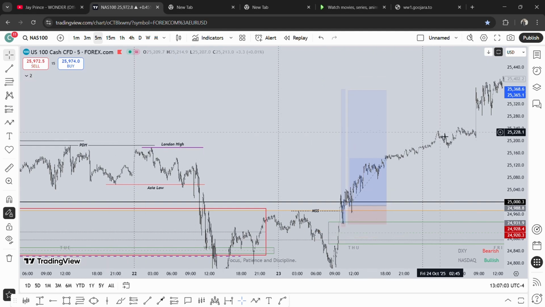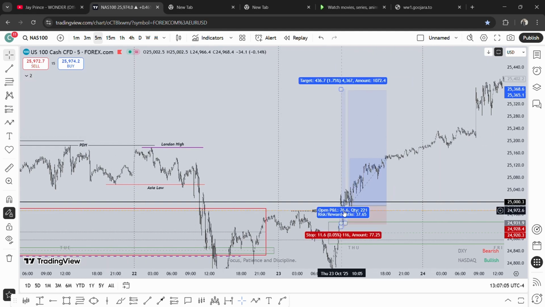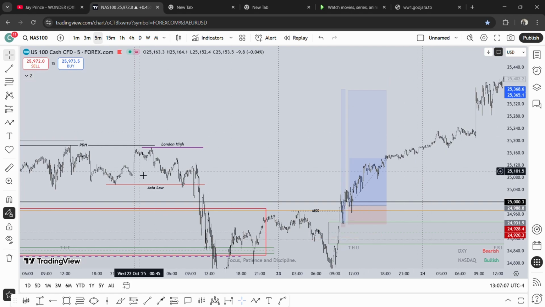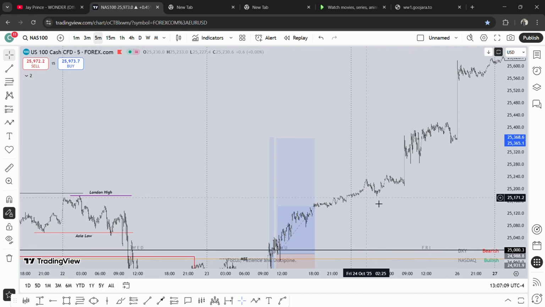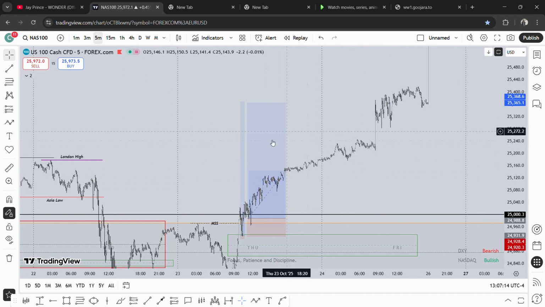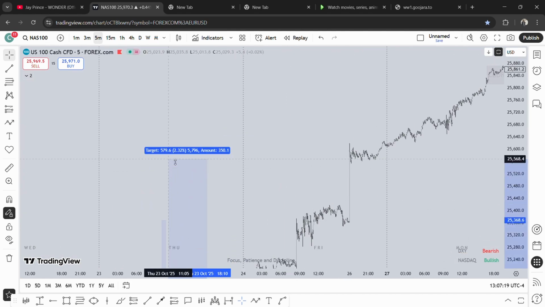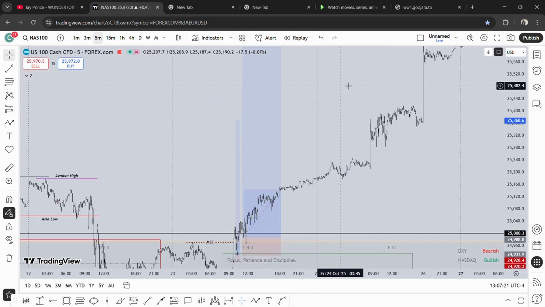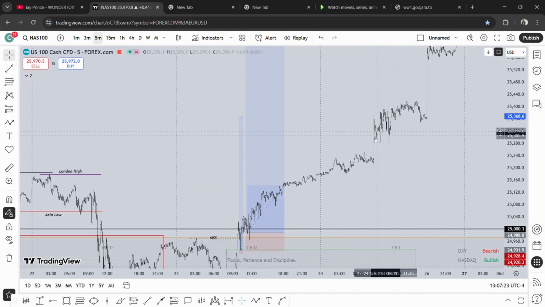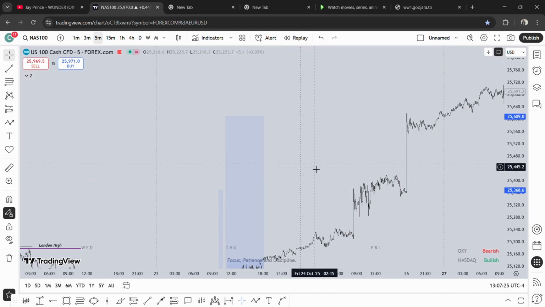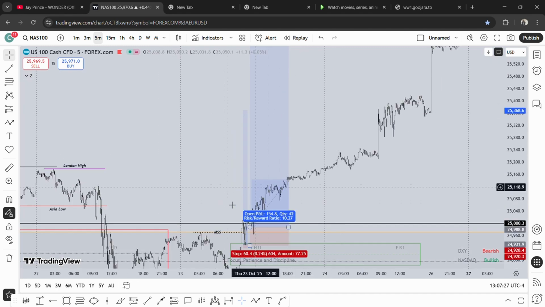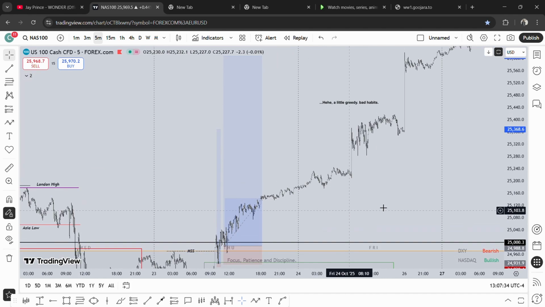First targets New York time. First trade closed. This one closed when we hit this, and then my second trade. I actually did not close this trade until somewhere here actually. So I saw something over here, so I decided to just, I had already moved my stop to somewhere around here, so I was okay with moving my take profit to somewhere here.